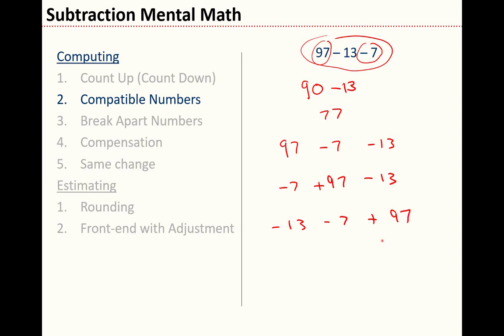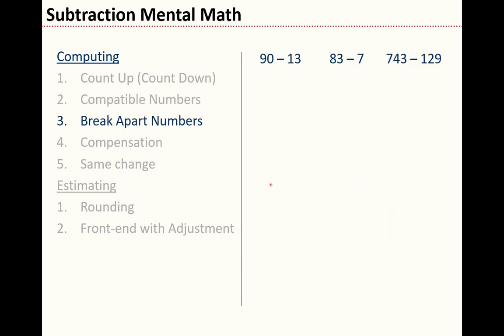In fact, this gives us another way of using compatible numbers. Minus 13 minus 7 is really minus 20. And now I can think 97 minus 20, 77, and that's another way that I could arrive at the answer. So feel free to move terms around, but just carry the minus sign with you when you do.